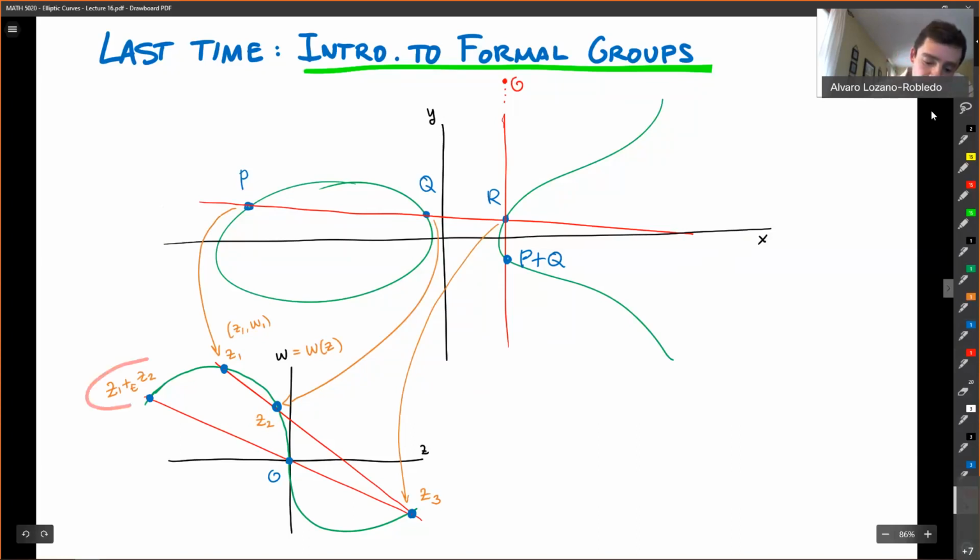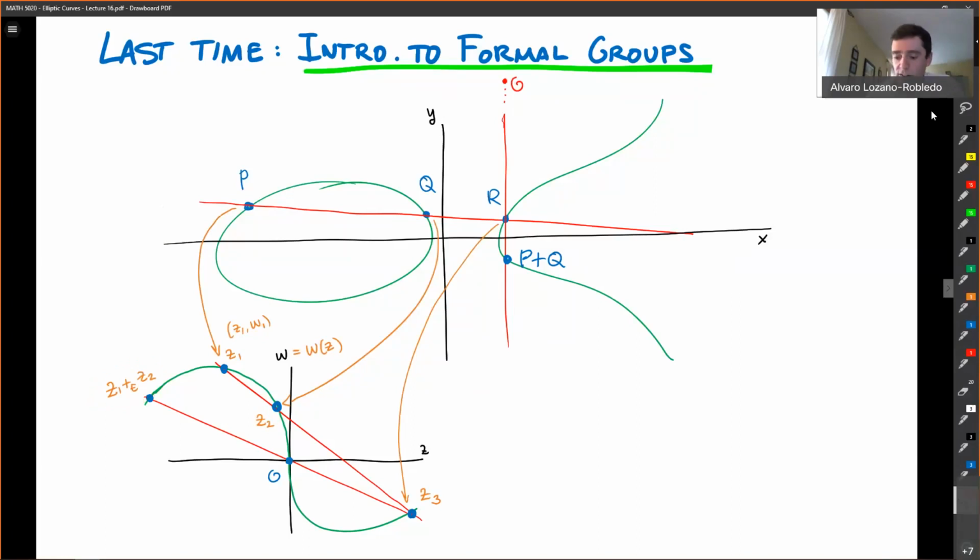Can we write a formula for that addition so that I can put a group structure on the maximal ideal of a local ring and just do addition directly on the local ring? And that's exactly what we did.